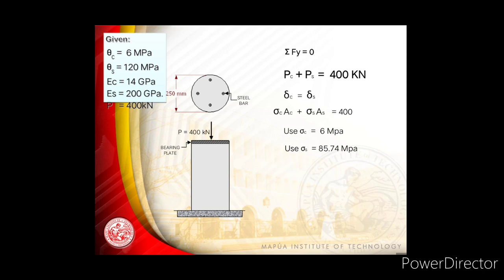Okay, so substituting in your main equation, you have the force of the concrete, which is 6, that's the stress, multiplied by the area of the concrete, which is pi times 250 times 250 divided by 4, it's a circular column, minus the area of the steel, which is what we're looking for, plus 85.74 times the area of the steel, equivalent to 400,000 newtons, and the area of the steel would be equivalent to 1322.75 millimeters squared.